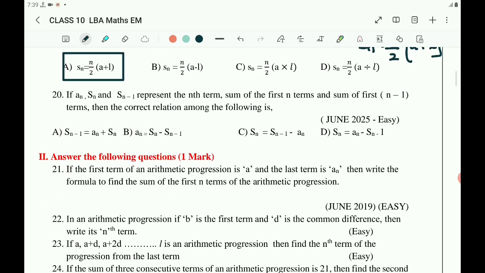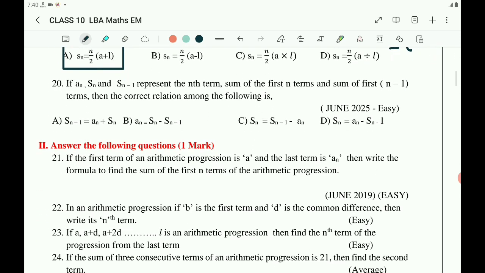Then come to the next question. Question number 20. If a_n, S_n and S_(n minus 1) represent the nth term, sum of the first n terms and sum of the first (n minus 1) terms, then the correct relation among the following is. Here you know the relation among a_n, S_n and S_(n minus 1).